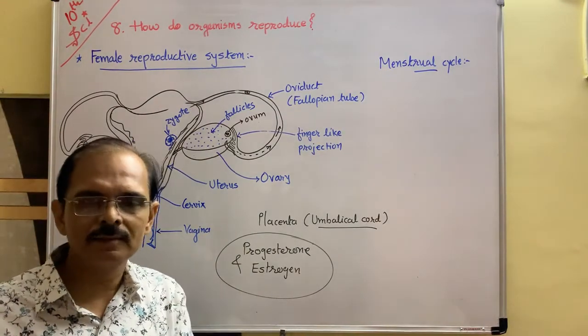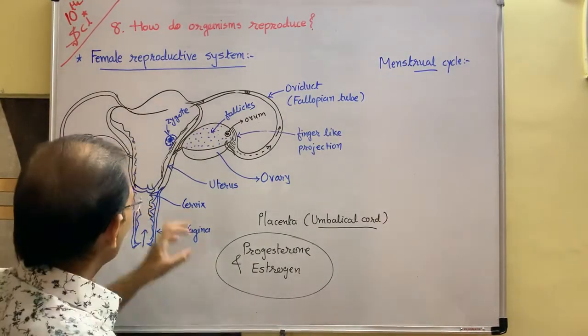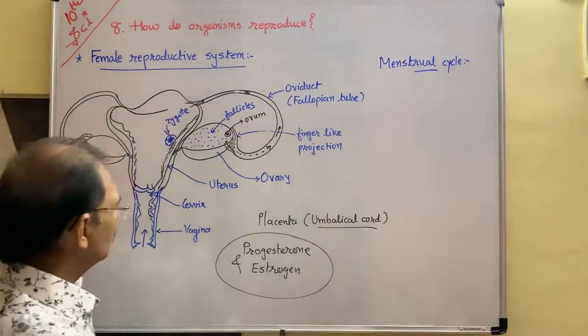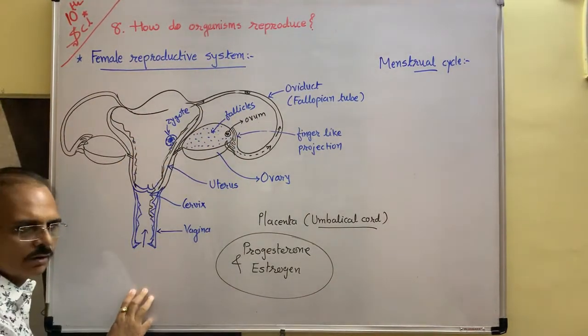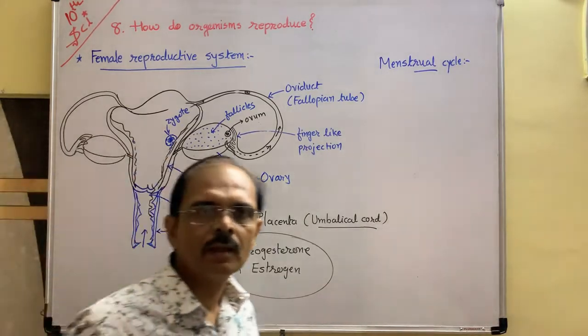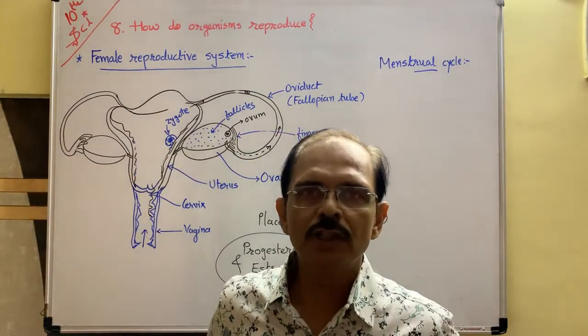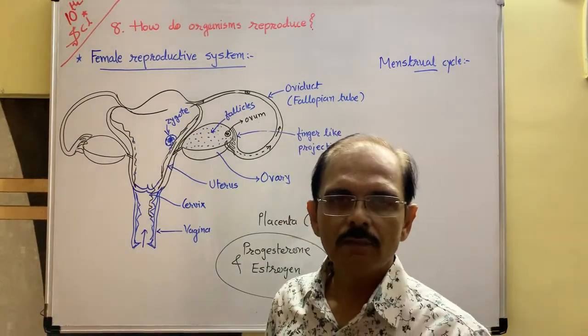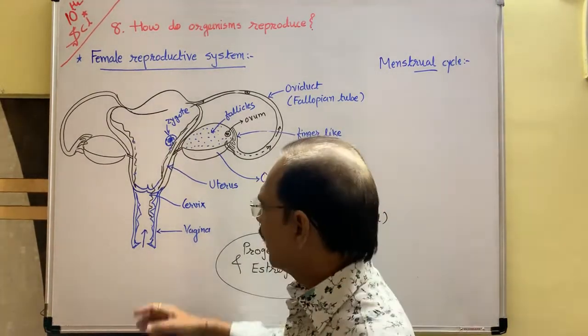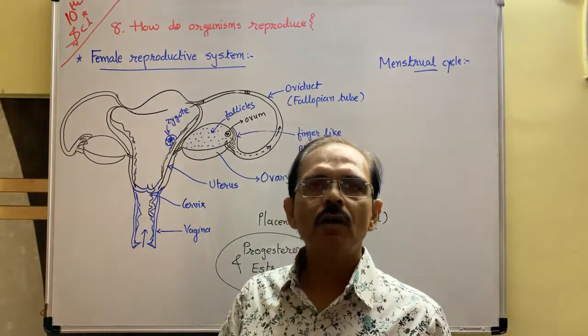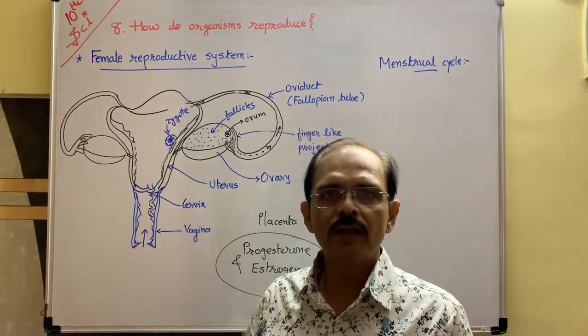Disintegrate means breaks. Right? Along with the blood, pieces of ovum come out from the vagina through bleeding. This is known as menstrual cycle or menstruation. MC, menstrual cycle. After every 28 days, this menstrual cycle goes on. It lasts for 3 to 5 days.